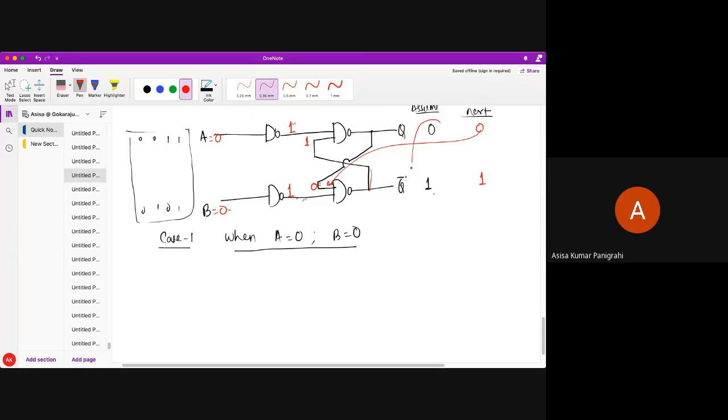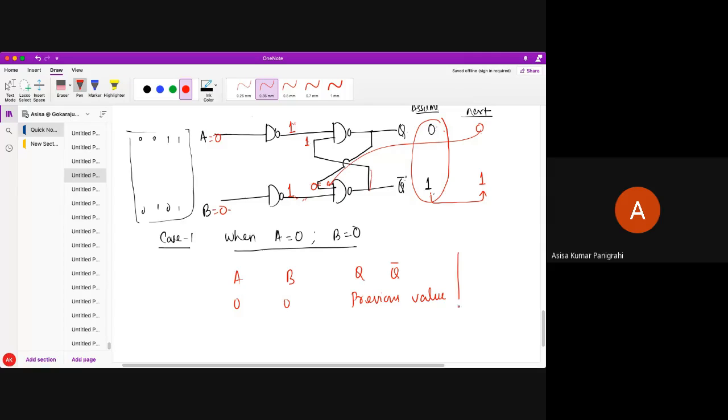So what do you understand from this? Initially we assumed 0 and 1. Please try to understand, a very important point I am telling over here. Initially I assumed the output of this logic circuit is 0 1, and after analysis I have got again 0 and 1. So what do you understand here? It is just retaining the previous value. So if A, B are 0 0, Q and Q bar retain the previous value.